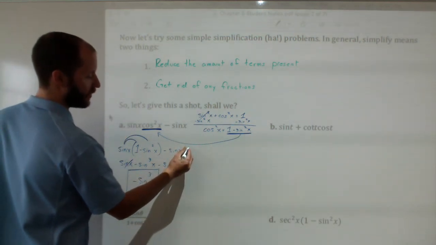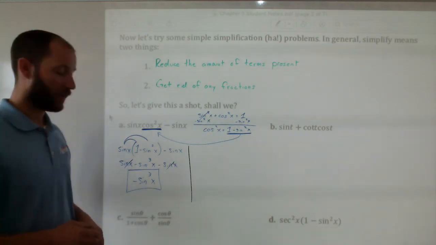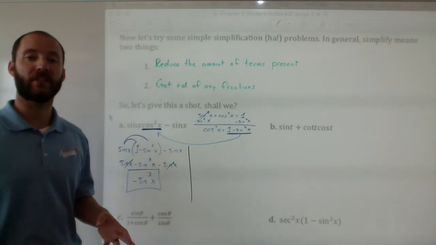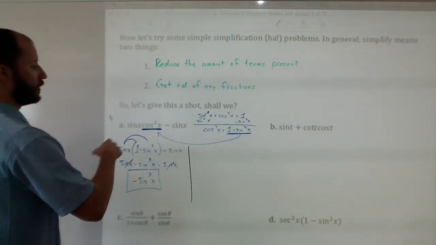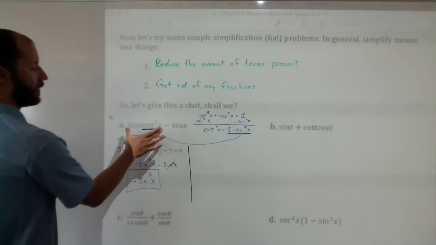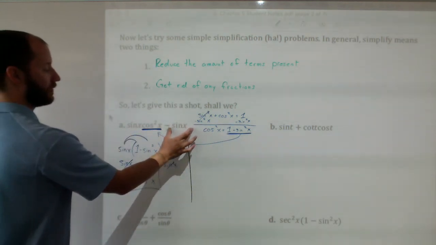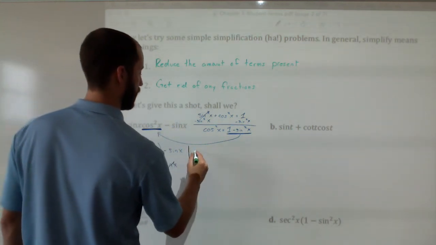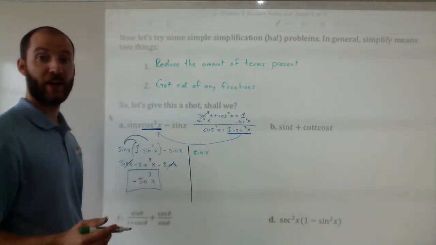Now, there is no one right way to do these. Okay? You usually want to get down to the same answer, but the order of your steps and the steps you use may be different. For example, looking at this original problem, this term has a sine, this term has a sine. Well, if this has a sine and this has a sine, I could do a greatest common factor.